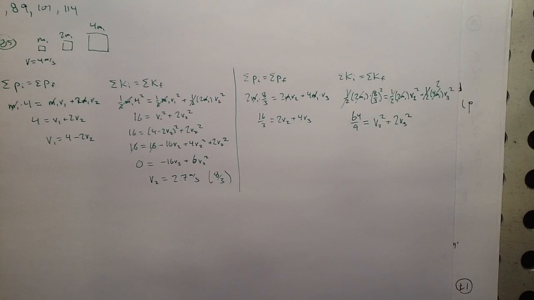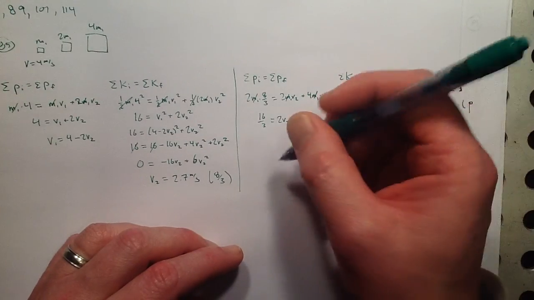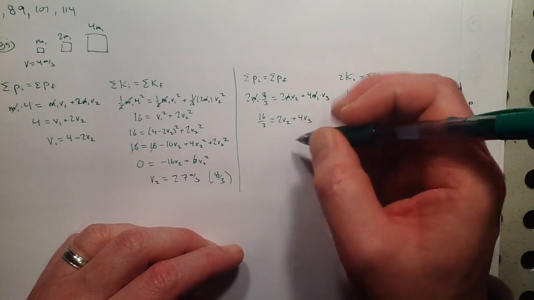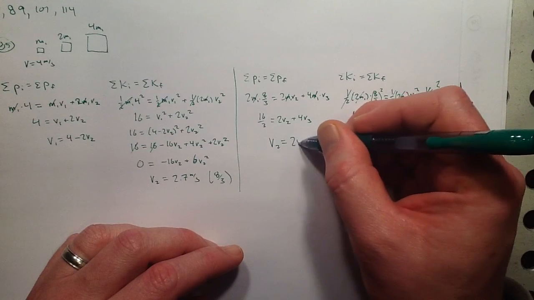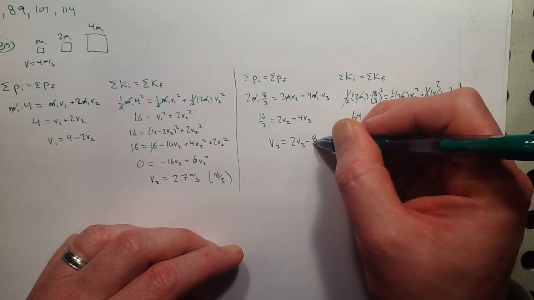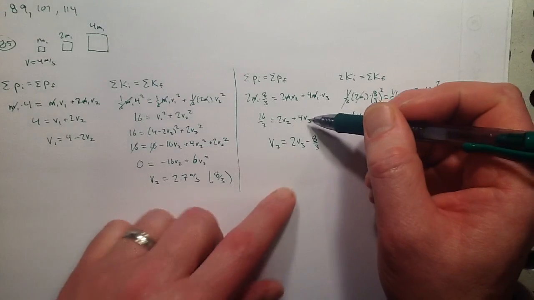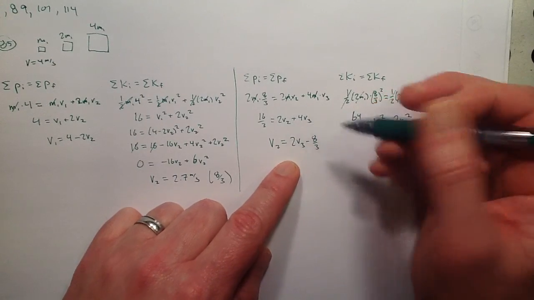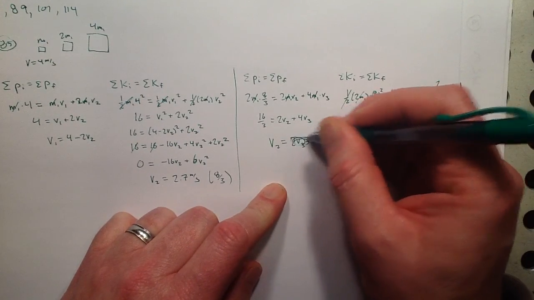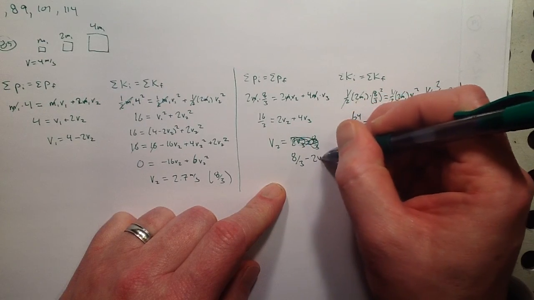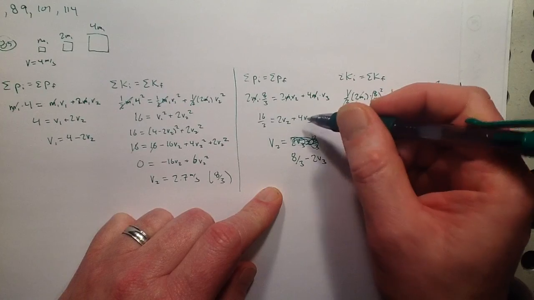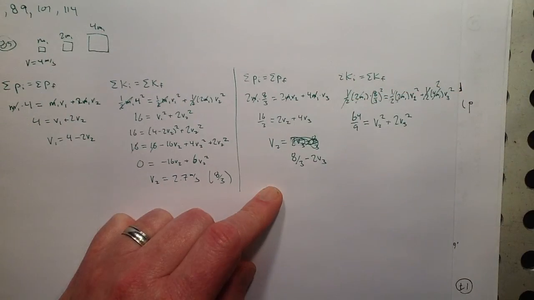And let's go ahead and divide this one by 2 and solve for v2. So v2 is going to be equal to 2v3 minus 8/3. Just make sure that that's right. v2, no it's not, it's backwards. 8/3 minus 2v3. All right, I divided that by 2 and then subtracted that over there.